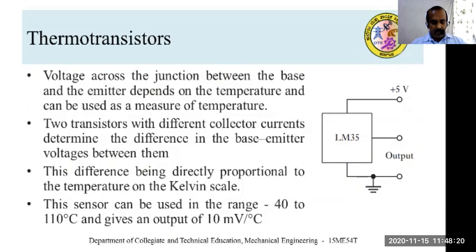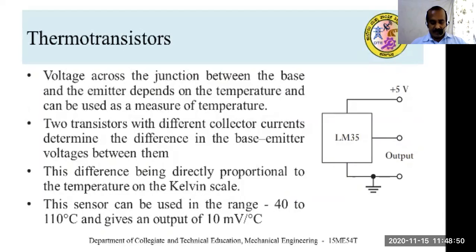Thermistors are even more sensitive than thermodiodes. The identical situation occurs in measuring the temperature in a thermotransistor. But here, the voltage across the base emitter junction depends upon the temperature of the object.